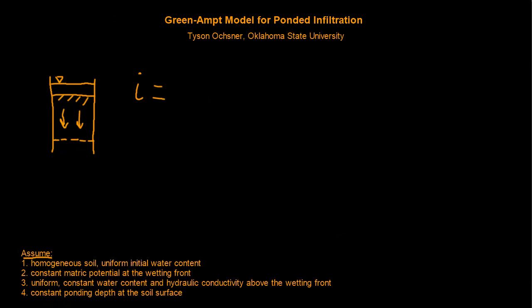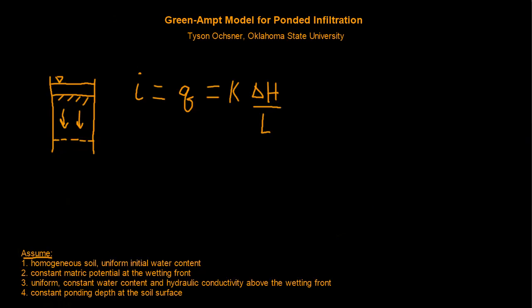So we'll be applying Darcy's law, or more appropriately, since it's unsaturated flow, the Buckingham-Darcy law, which tells us that the flux q at the soil surface, which in this case is also i, our infiltration rate, can be described by K, the hydraulic conductivity of the soil, multiplied by delta H, which is our difference in hydraulic head from the soil surface to the wetting front, divided by L, this thickness of soil that we're considering.